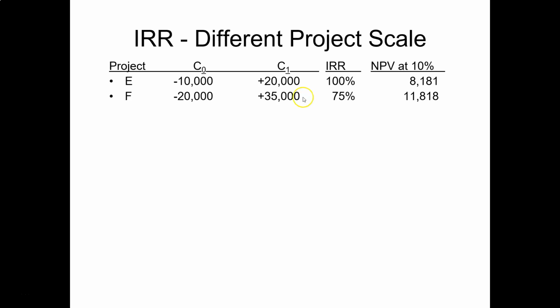But the problem is the internal rate of return of Project E is higher than Project F. So if we have enough money in hand, we can pick anyone we want.